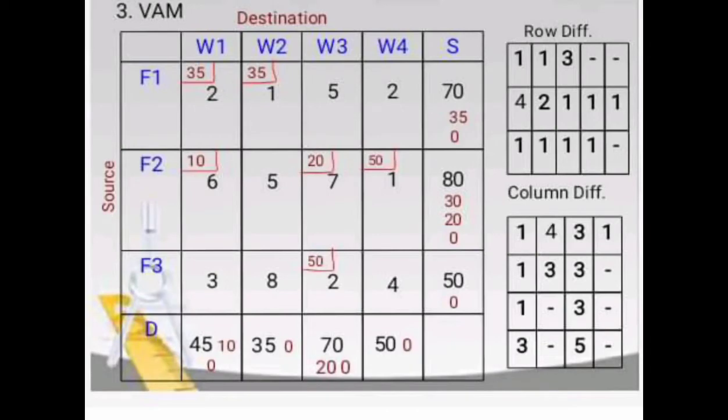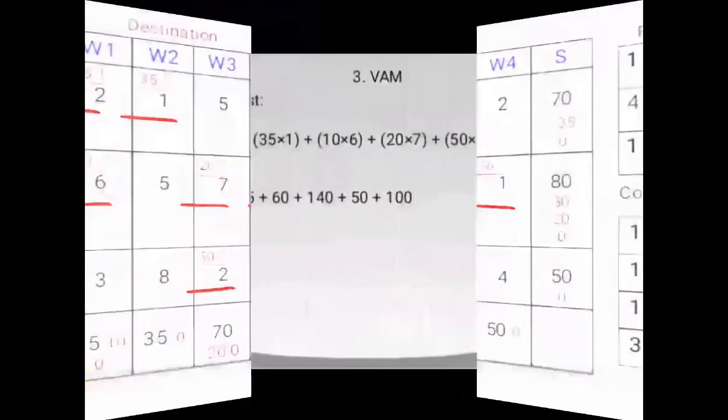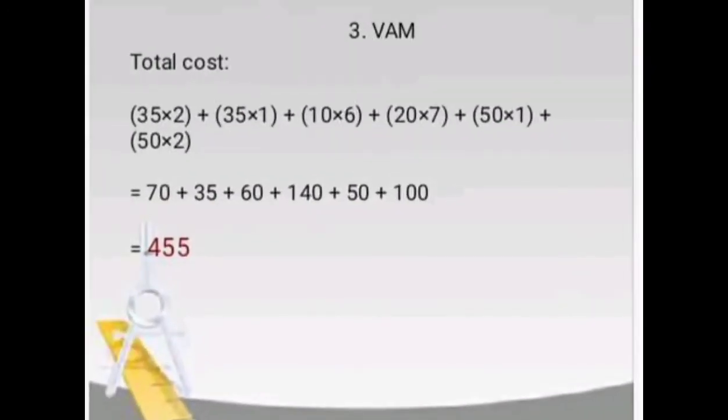Now we can see the allocated numbers, which are 35 into 2, 35 into 1, 10 into 6, 20 into 7, 50 into 1, and 50 into 2. Then we calculate the total cost of this VAM. 35 into 2, we have 70.